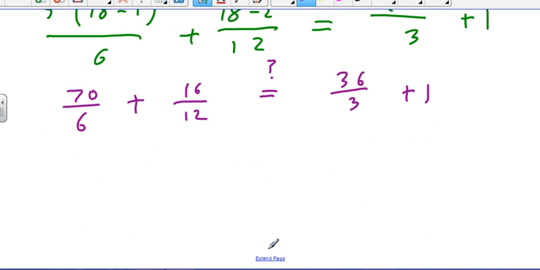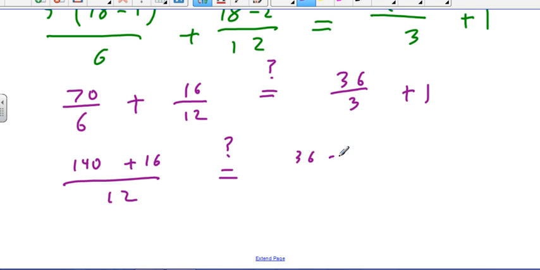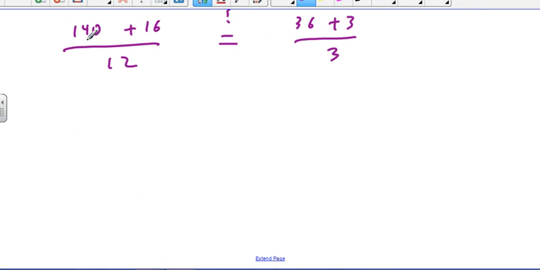Okay, so I've got 140 plus 16 divided by 12 is supposed to be 36 plus 3 over 3.